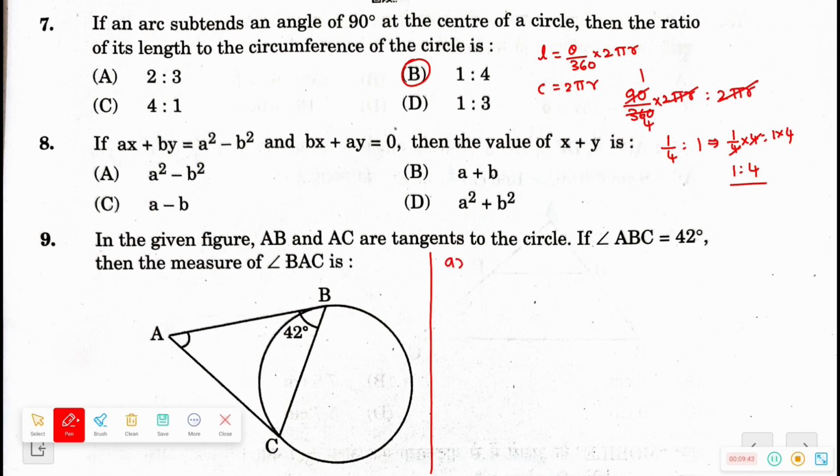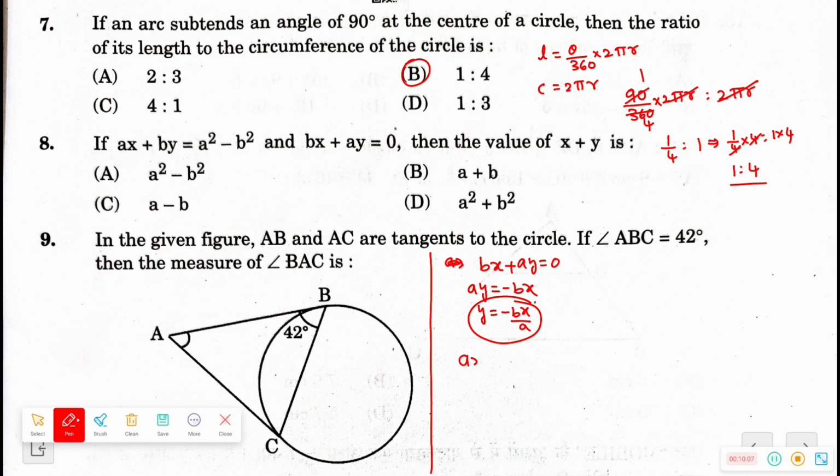Here take the second equation, that is bx plus ay is equal to 0. From this, ay is equal to minus bx, then y is equal to minus bx by a. Let it be one value. Now y is equal to minus bx by a should be substituted in the first equation.